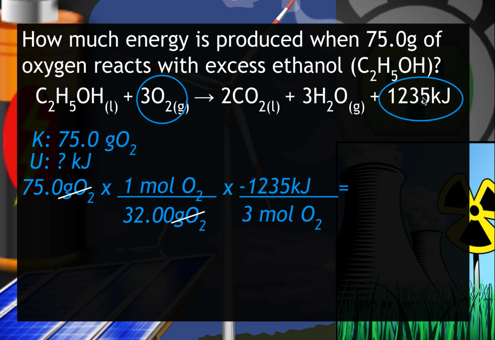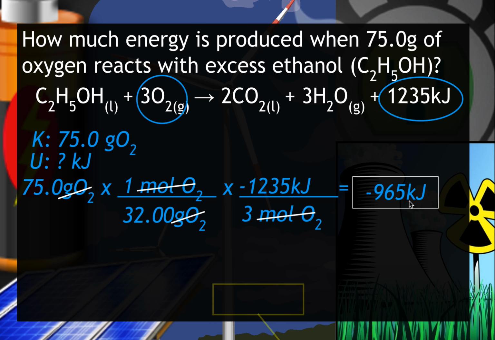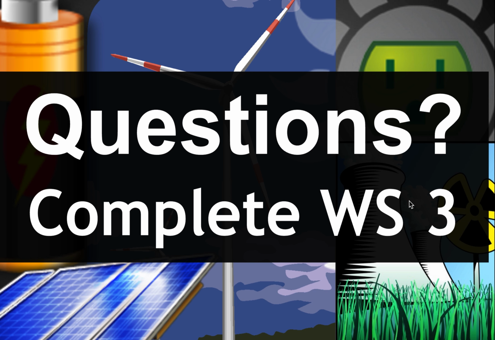This is an exothermic reaction, so I need to make sure that my sign is negative. Make sure my units cancel out. And it's going to produce 965 kilojoules.